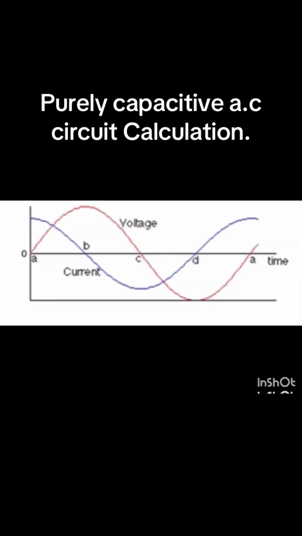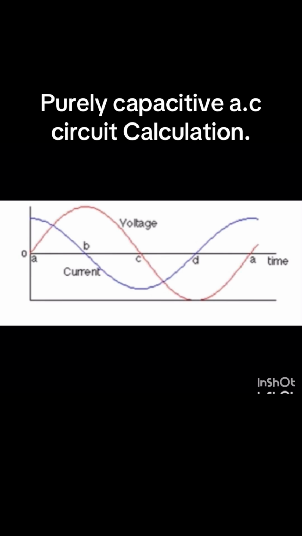And as a result, if we graphically represent current and voltage, we can see that the voltage starts from 0. The voltage is 0 when the current has moved 90 degrees.